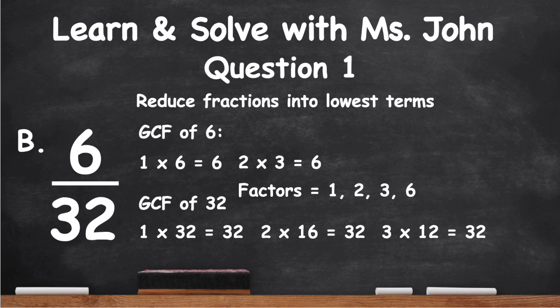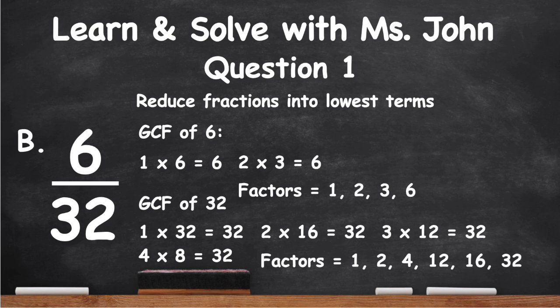We know that 4 times 8 equals 32. Does 5 times anything equal 32? It doesn't. We could stop there anyway, because the factors of 6 are not a lot, so we're probably going to find the greatest common factor using the numbers we have here. Therefore, the factors of 32 are 1, 2, 4, 8, 16, and 32.